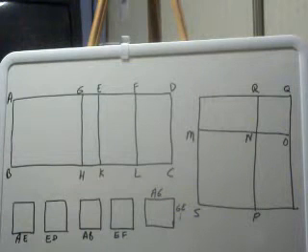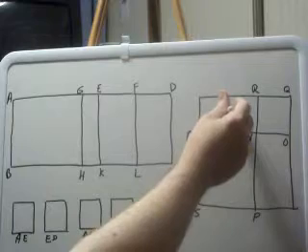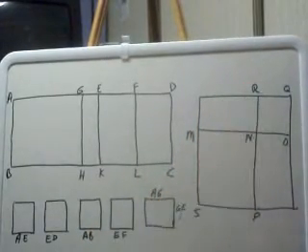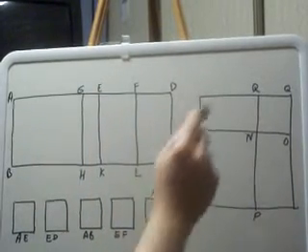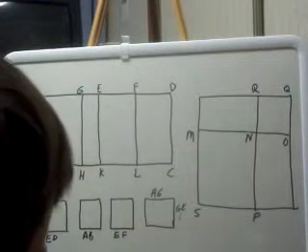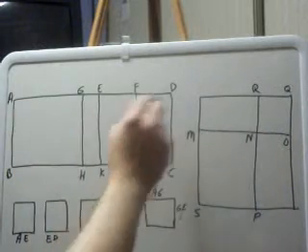MR, right here, that area is the mean proportional between SN and NQ, and it is equal to EL. So this area and this area are exactly the same. And then MO is the side of the area AC. This and this are the same length.